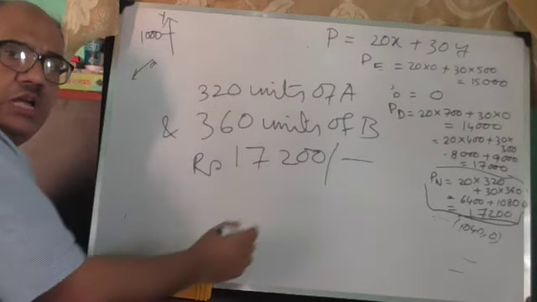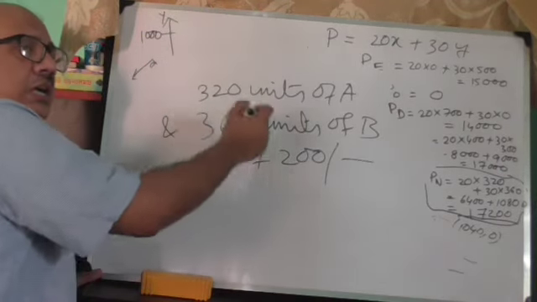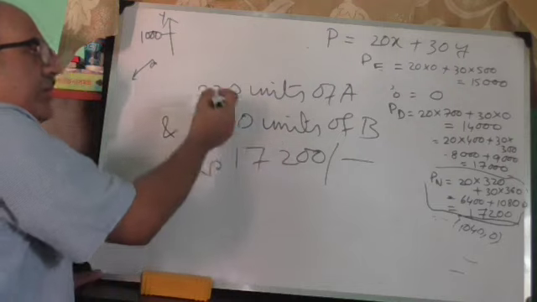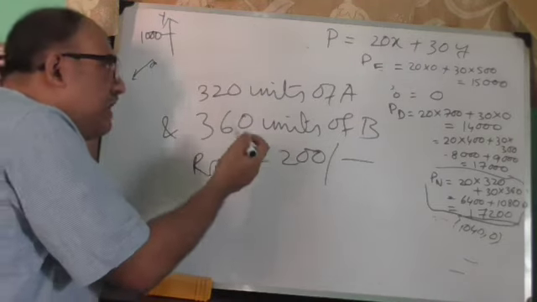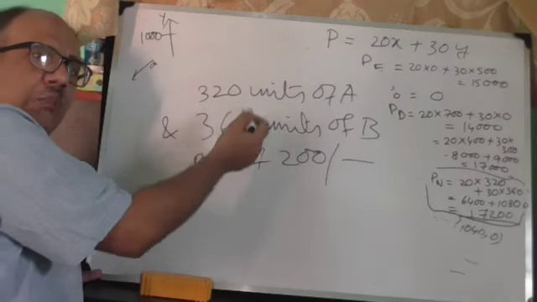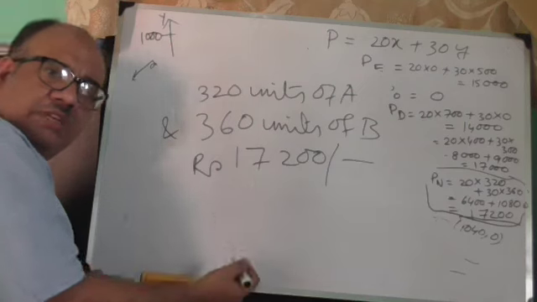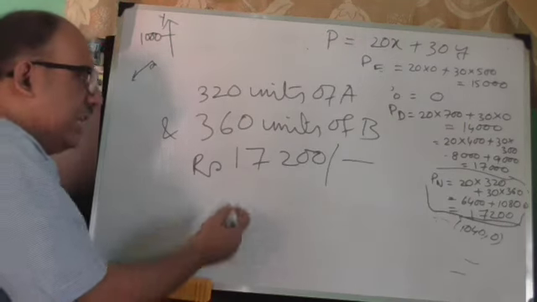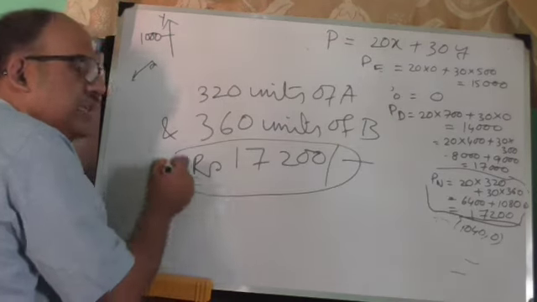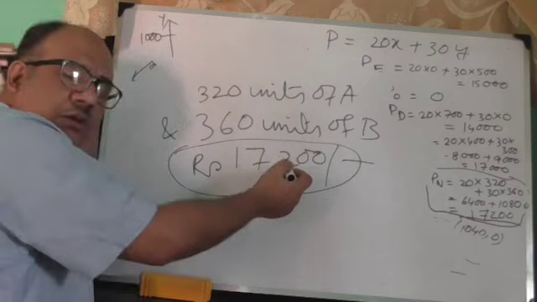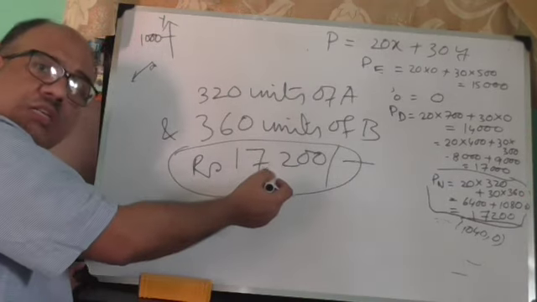So this gives the solution of the decision variables, the number of units of A and B, and also the maximum value of the objective function, 17,200.